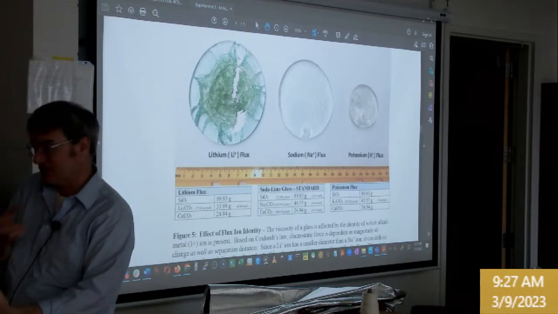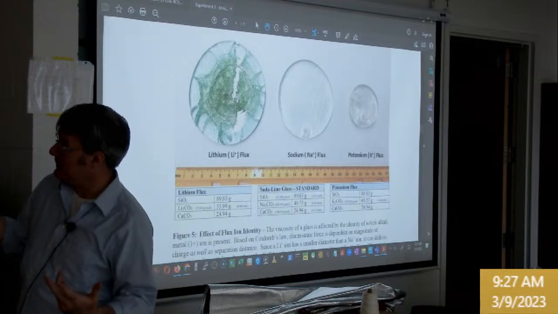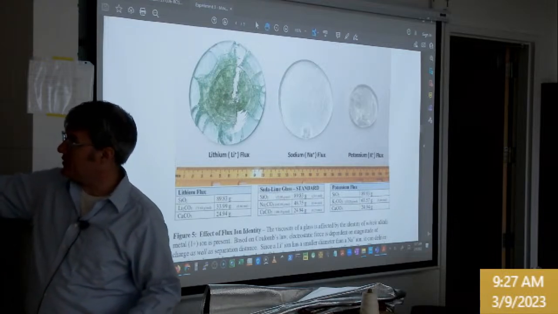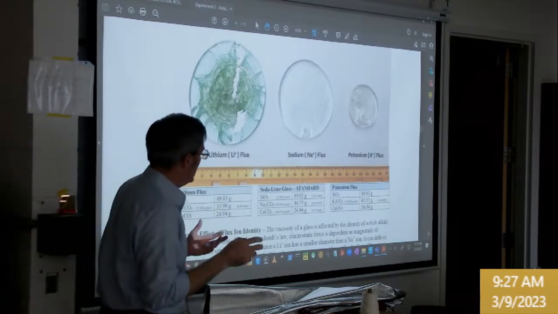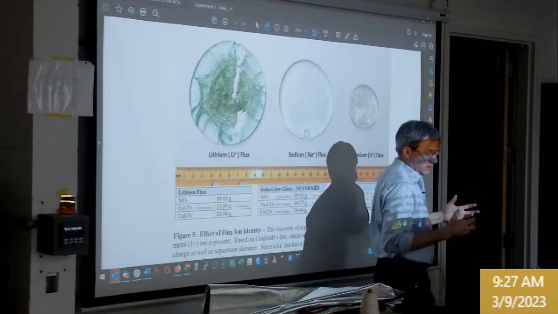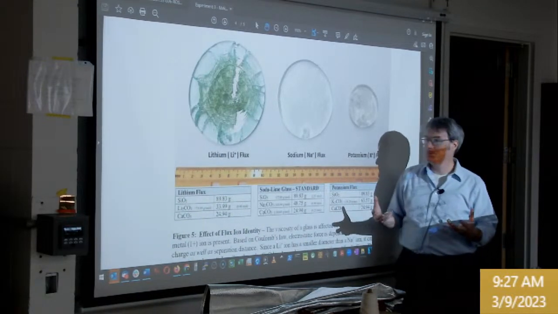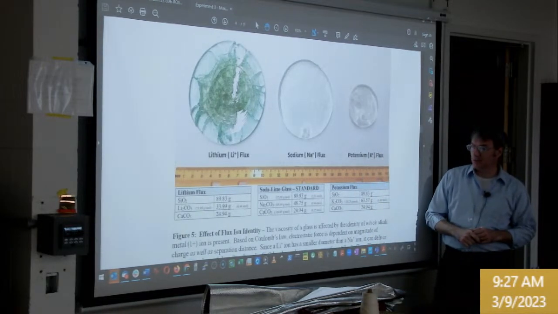Sodium's in between. So there's an inverse relationship between the diameter of a charged ion and its effect on viscosity. Smaller is more efficient; larger is less efficient at changing viscosity.